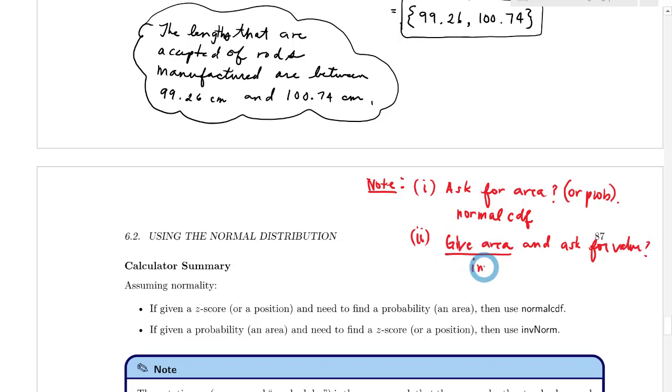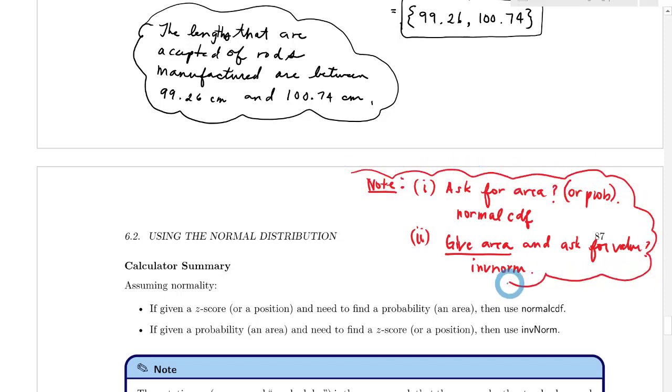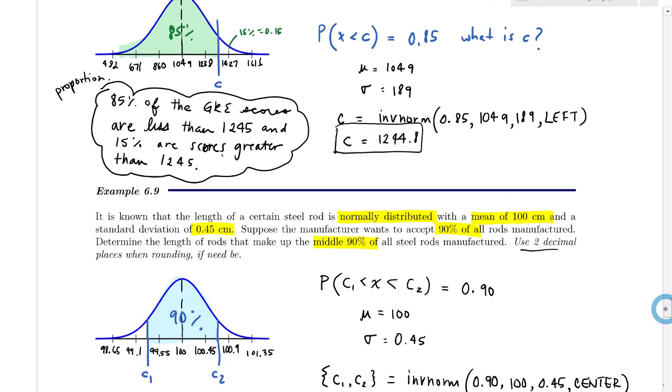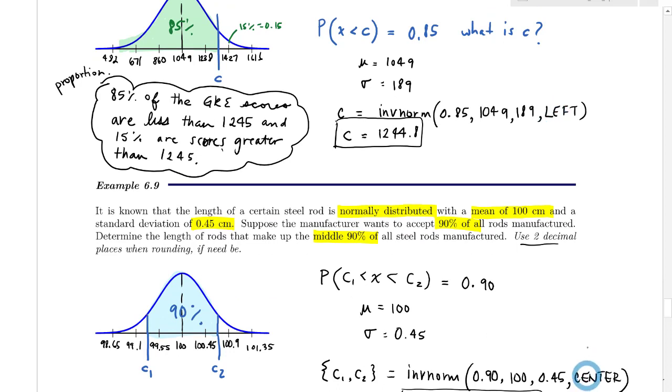If it gives you the area, know that you're going to use invnorm. Okay? And the nice thing about the calculator that we have is it doesn't matter which area they give to you, the left, the middle, the center, because in this case, it will ask for where it's located and you just enter it and then it pops up the value that you need.